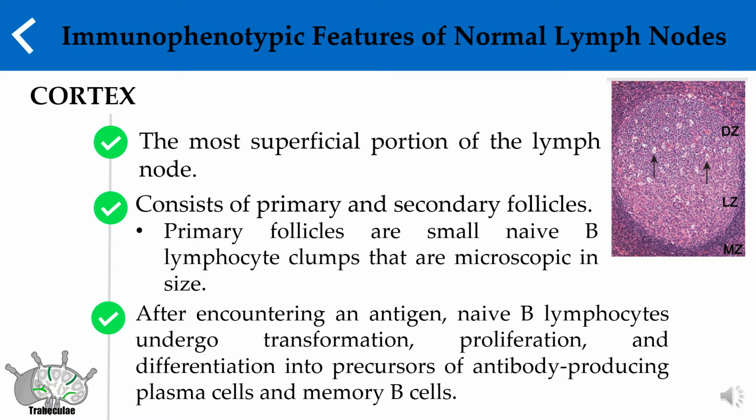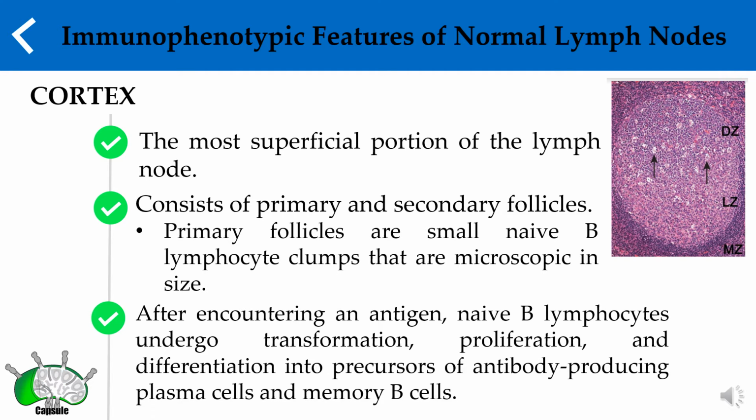These cells are typically CD5 negative and display pan-B cell markers such as CD19 and CD20. Follicular dendritic cell meshworks are best visualized by immunohistochemical stains such as CD21.